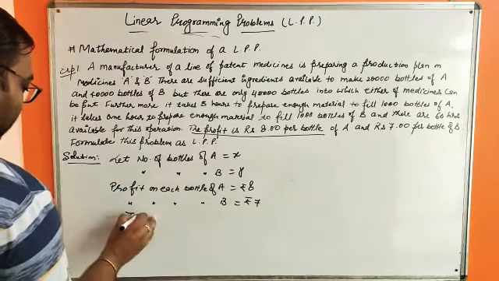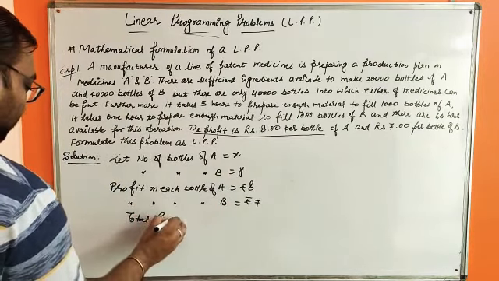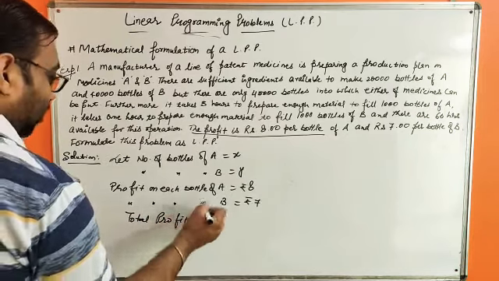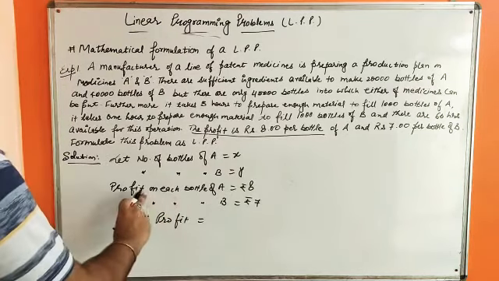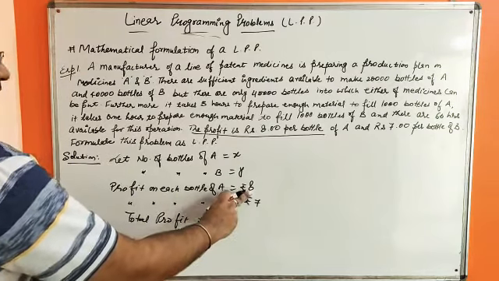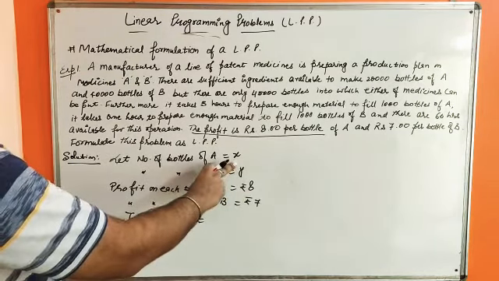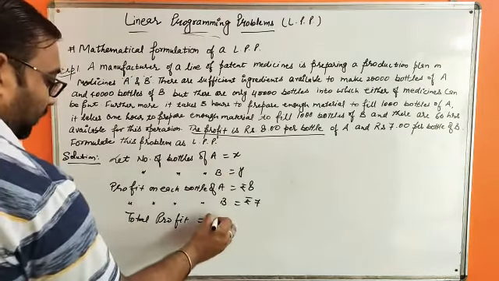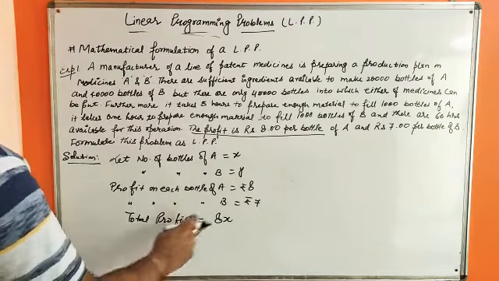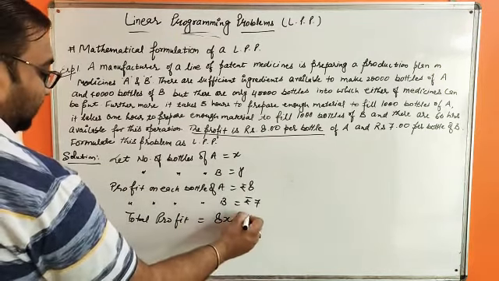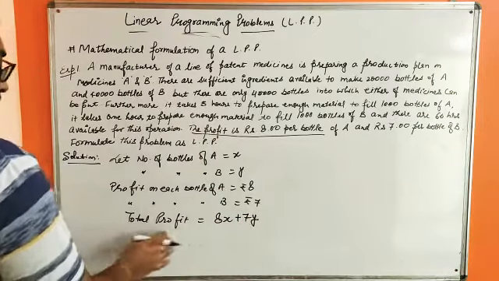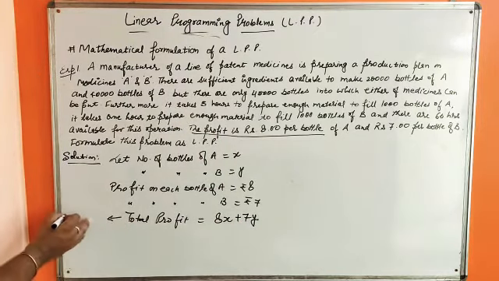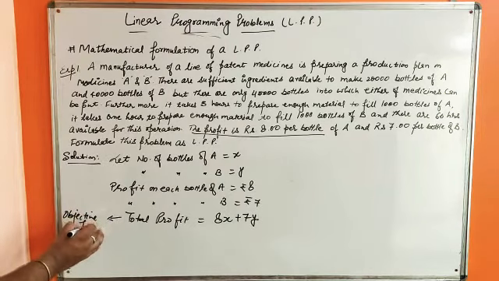So what is the total profit? Since the profit on each bottle of A is 8 and the total number of bottles of A is X, the total profit is 8X, and same for B it is 7Y. Now this is the objective function, represented by max Z or min Z.